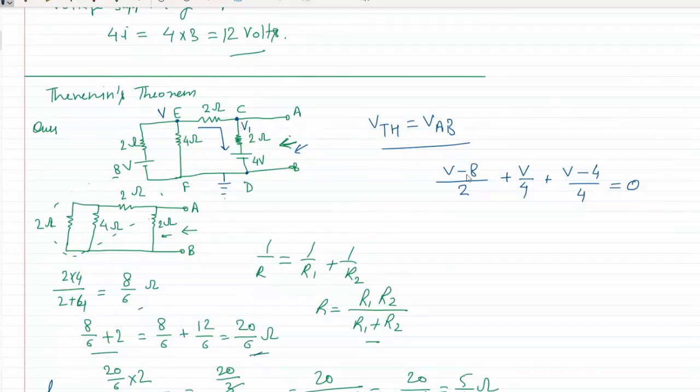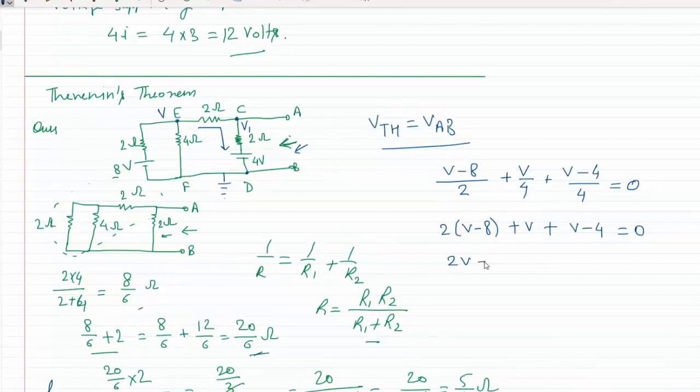So that is why I wrote (V minus 8) upon 2 for this branch. Then (V minus 0) upon 4. Then (V minus 4) upon 4; here it is actually 4, which is 2 plus 2. Now if we multiply by 4, what will you get? 2V minus 8 plus V plus V minus 4 is equal to 0.